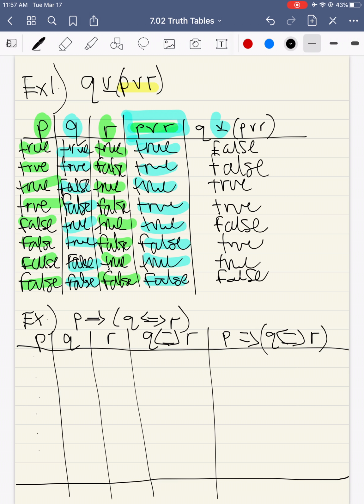So just like we did before, it is going to be exactly how we started before. So again, P, half of them are true and half of them are false.